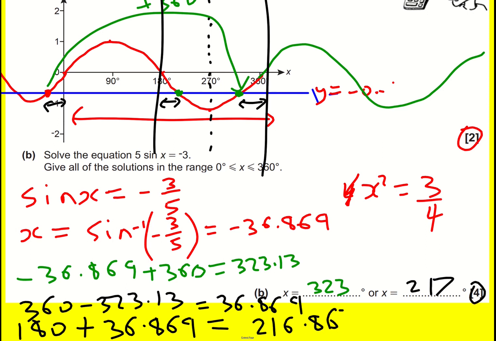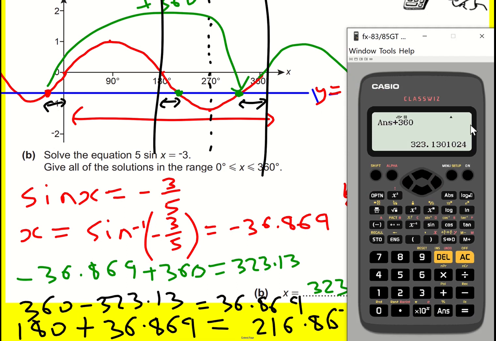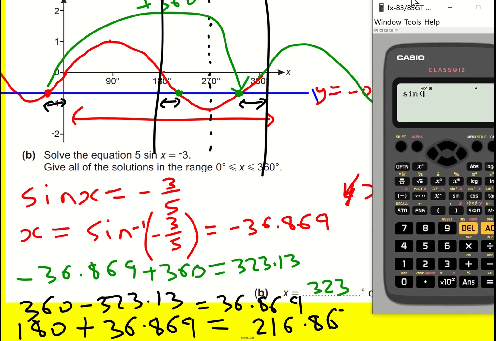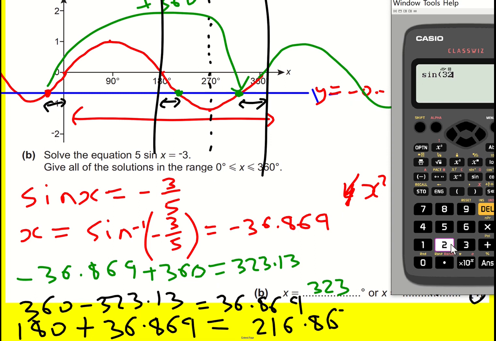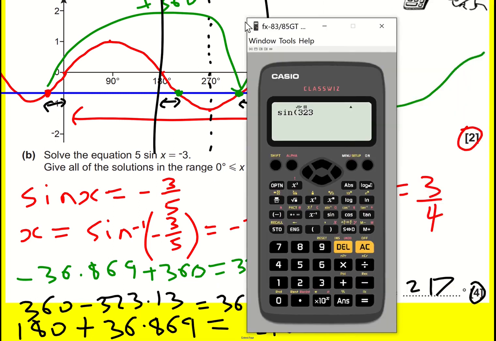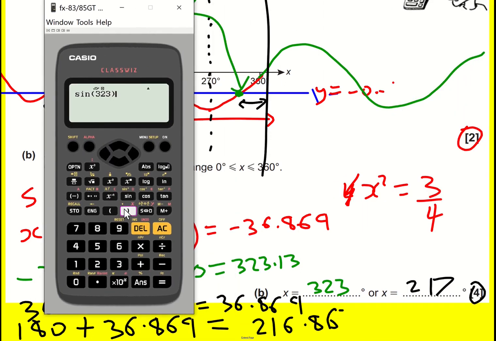Now, if we want to be really careful and see if we haven't made a mistake, we could find sine of those answers. So sine of 323. Okay, now I've rounded it, so I'm not expecting it to be exactly minus 0.6, but I'm expecting it to be pretty close. And that is pretty close.